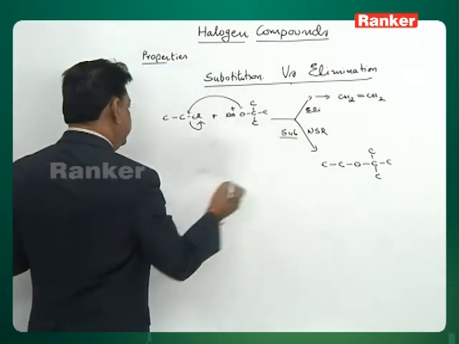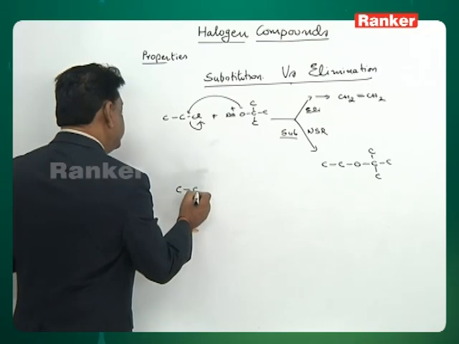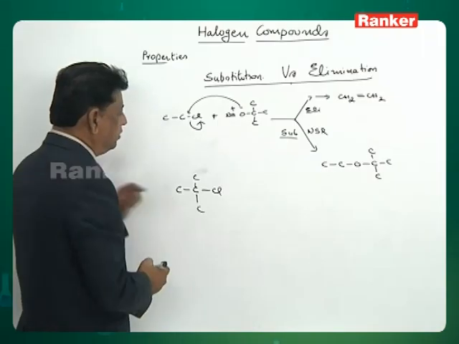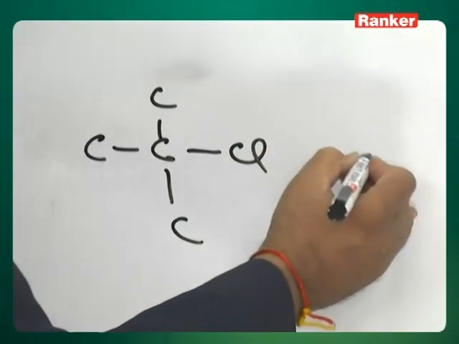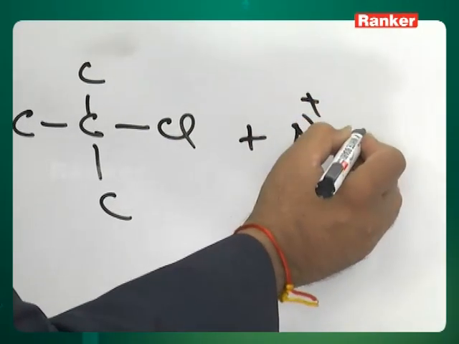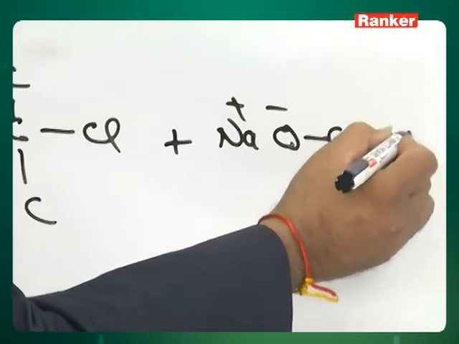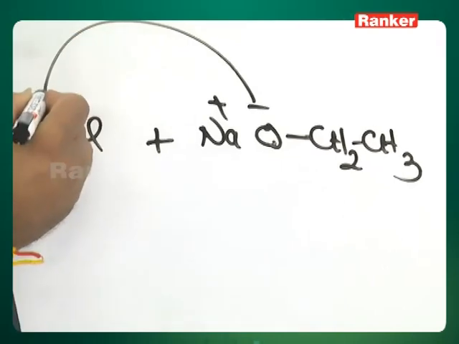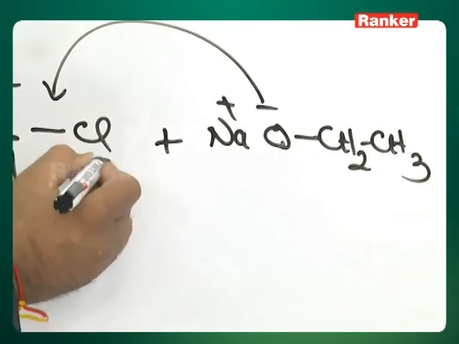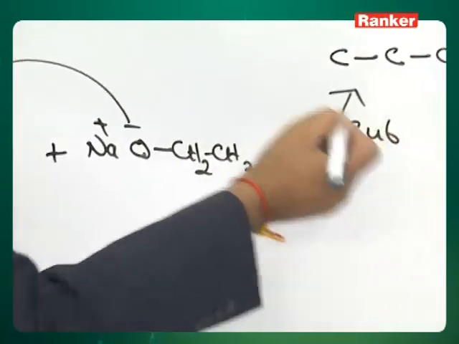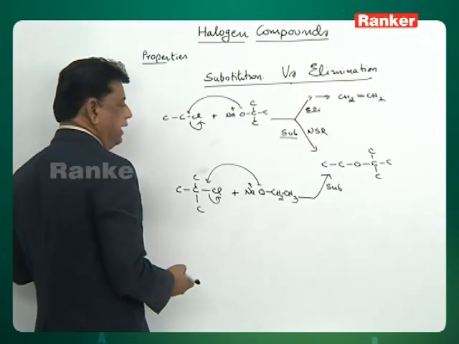The same ether can also be prepared from tertiary butyl chloride, on which the sodium salt of ethyl alcohol, sodium ethoxide, may be taken. This ethoxide may attack and replace the Cl, and you may get once again the same nucleophilic substitution reaction.